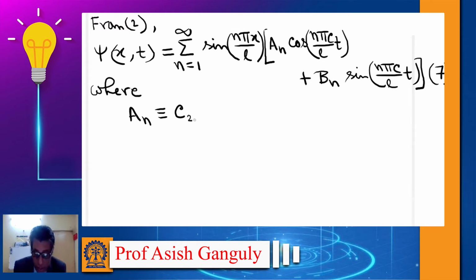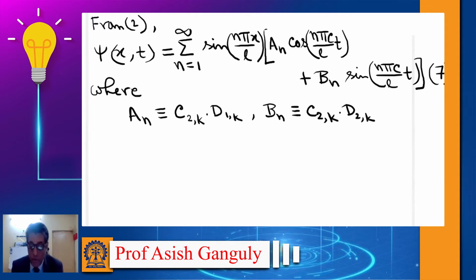So C2k into D1k, and Bn is C2k times D2k. So actually we have two arbitrary constants which we have to find. Then equation 7 gives us the solution.